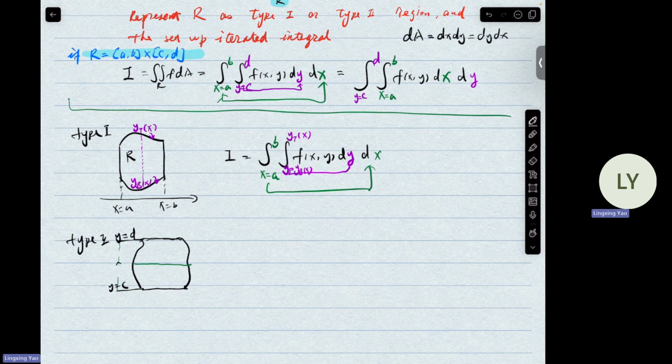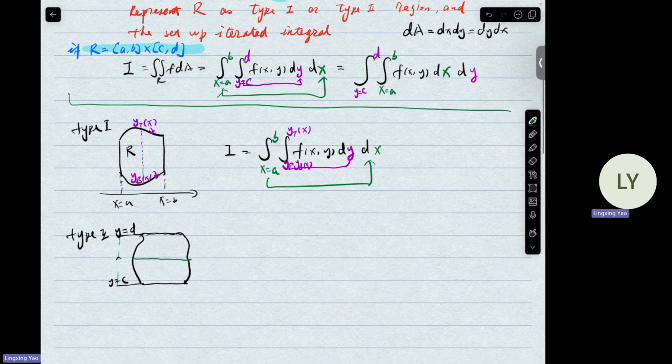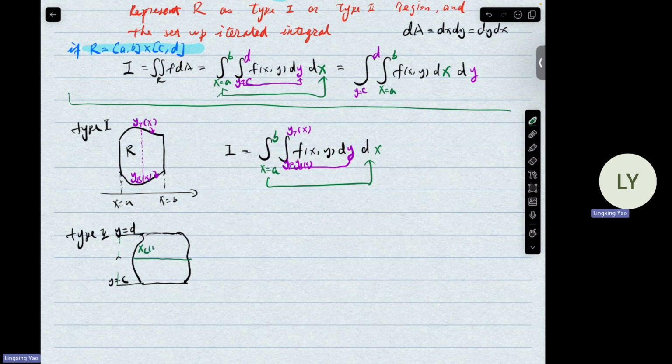y will be bounded by those two constants, but x will depend on something that is given here. So this is x left of y, because at different heights of y, the x coordinate will be different. And on the right, we have x sub r of y. And then this double integral will be written as an iterated integral this way.